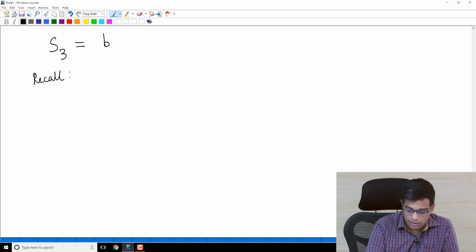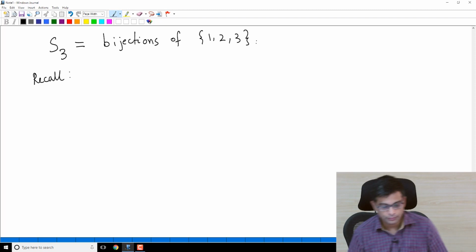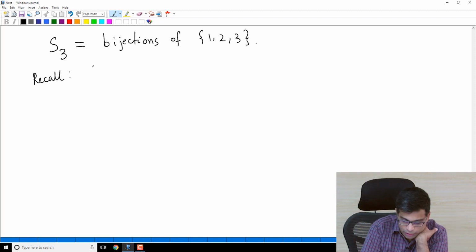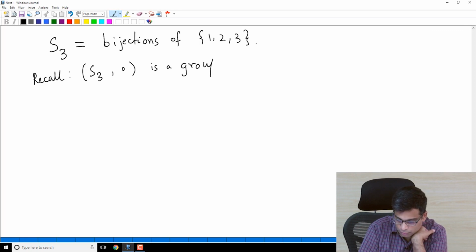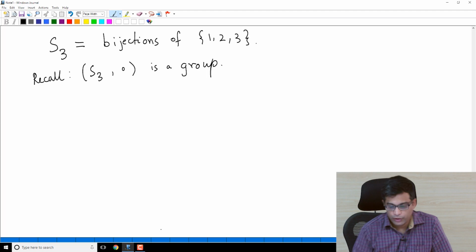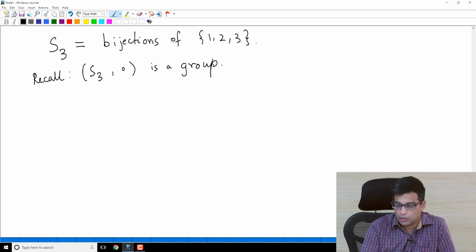So, recall that S3 was the set of bijections of the set 1, 2, 3, and S3 under composition is a group. Okay. We can generalize this, there is nothing special about 3.